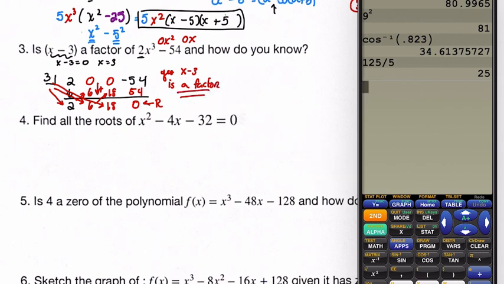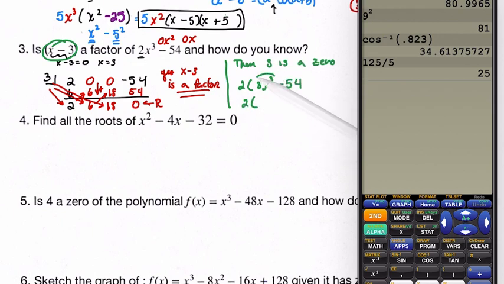The other way you could do it is if x minus 3 is a factor, then 3 is a 0, a root, a solution of it. So you could plug in or substitute the 3 into the equation or into the function.